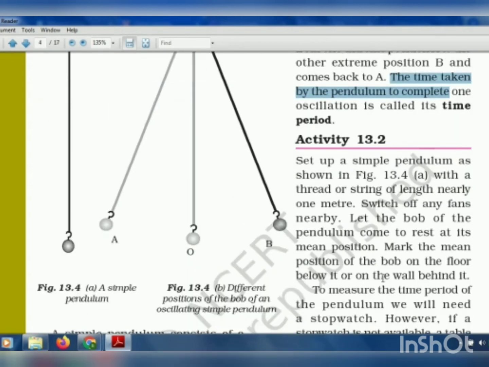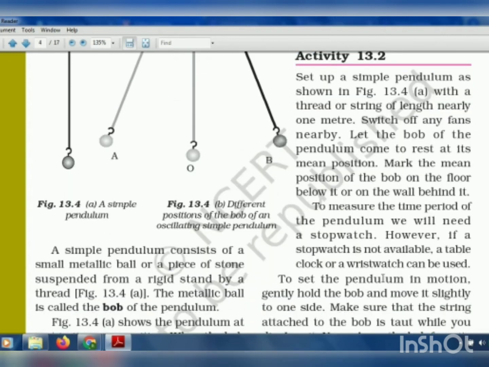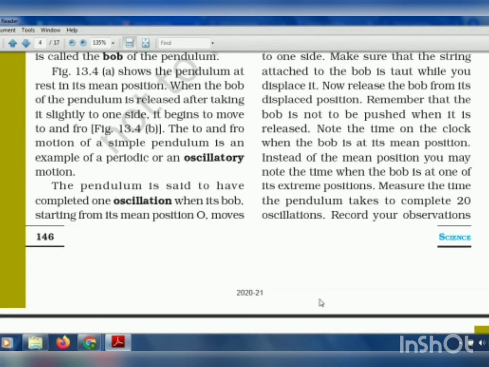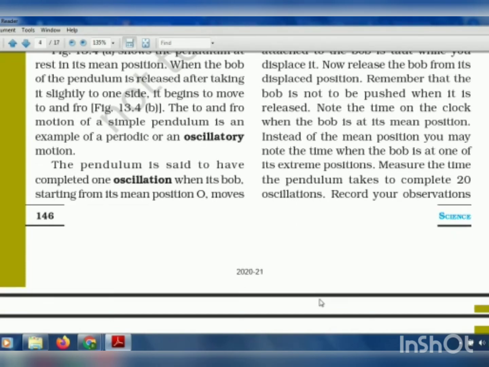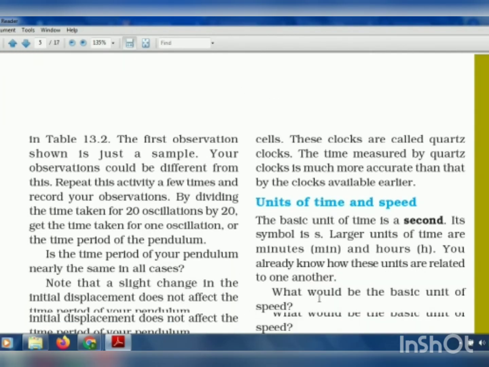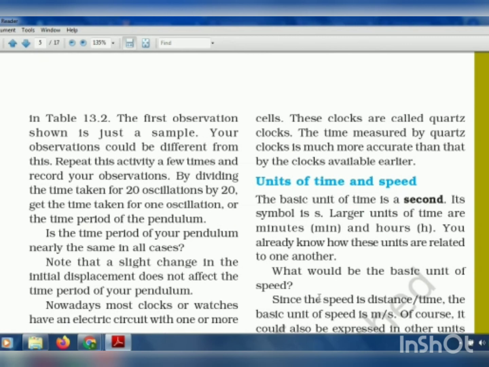So in this activity 13.2, it is explained how you can make this pendulum. Then they have told you to observe and measure the time taken by the pendulum to complete 20 oscillations. You have to keep the length of the thread the same.